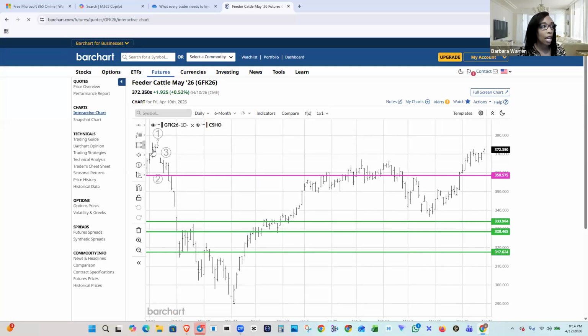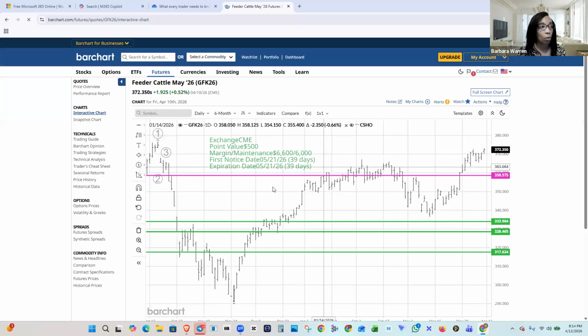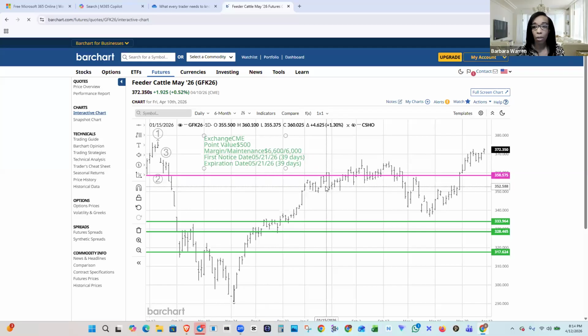So that's not your stop loss, that's your margin and maintenance. That's totally separate from your stop loss. Your stop loss is related to your risk of no more than 10%. It doesn't have to be 10%. It's anywhere from 1% to 10%, but no more than 10% of your account.